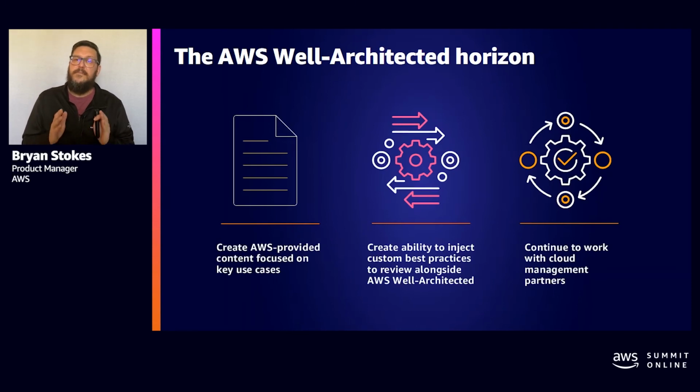On top of that, we're investigating ways to make it easier for you, the customer, to create your own automations against both well-architected and the custom best practices you use to make the process tailored to your needs. Our goal is to let you help drive how you want to test for those best practices, whether they're yours or whether they're ours, and reduce that friction for really monitoring these over time.